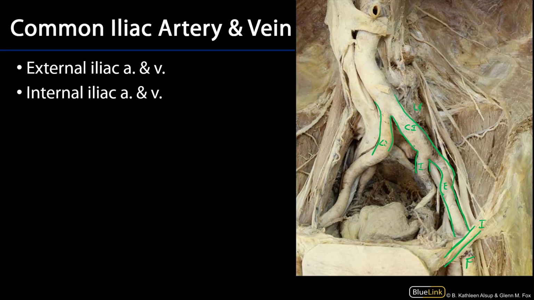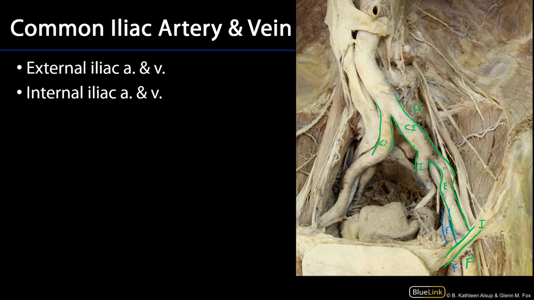Now the veins are of the same pattern, so we can see there's a femoral vein there, and it becomes the external iliac vein on the proximal portion, or proximally to the inguinal ligament, and that will continue up, and it will join the internal iliac vein to form the common iliac vein.